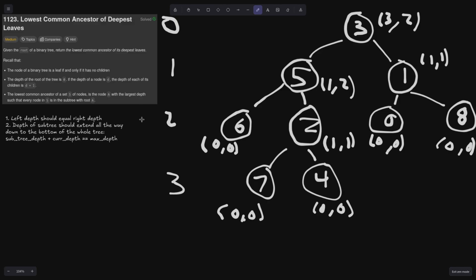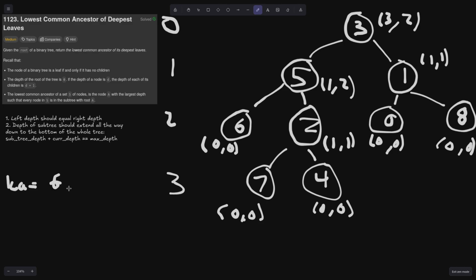We have the current depth, and we're also keeping track of the deepest depth. So far our deepest depth is 2, and our left depth and right depth are equal. At the moment, this is our LCA, so right now LCA equals 6.